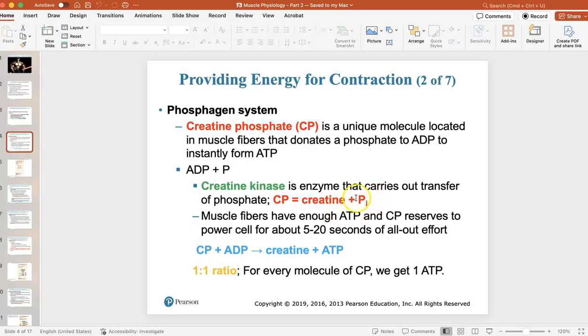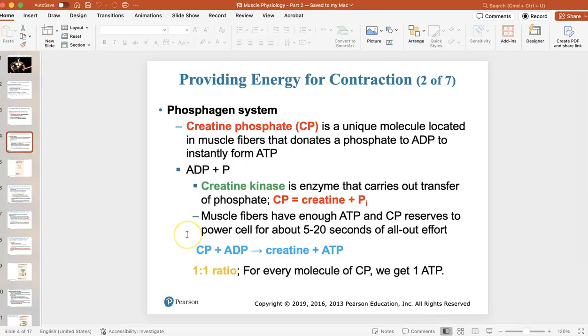The inorganic phosphate can be donated to ADP, adenosine diphosphate, to make ATP, adenosine triphosphate. So it's a 1-to-1 ratio: for every molecule of creatine phosphate, we can get 1 ATP out of it.